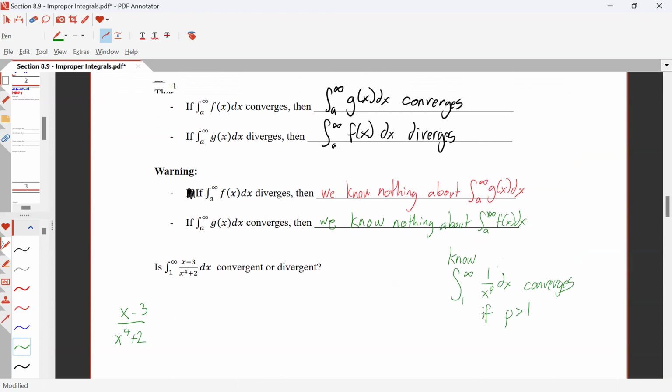Well, if I'm subtracting 3 from something, that is going to be smaller than something where I'm not subtracting 3. Right? 5 minus 3 is going to be smaller than 5. 6 minus 3, smaller than 6.